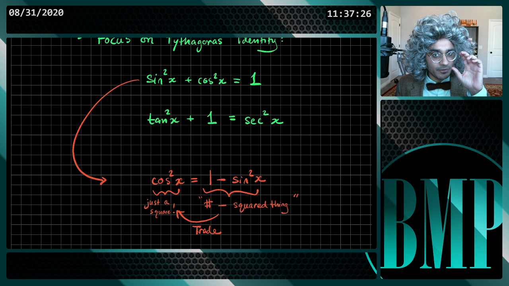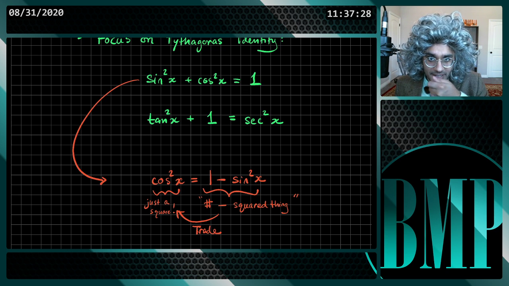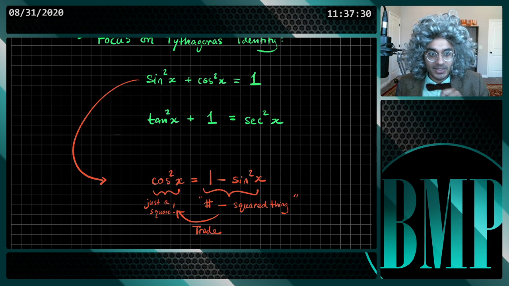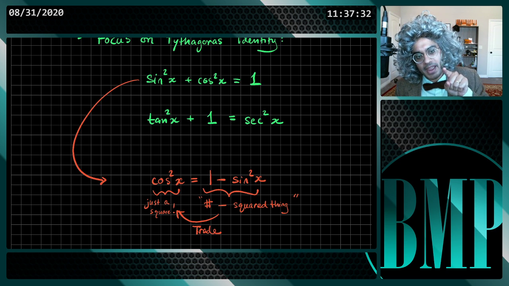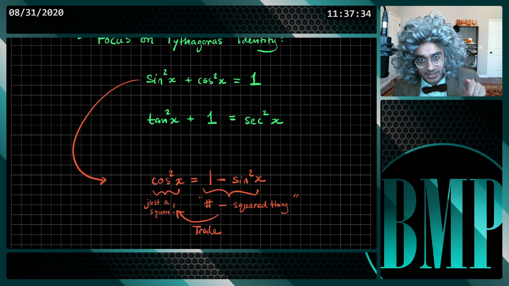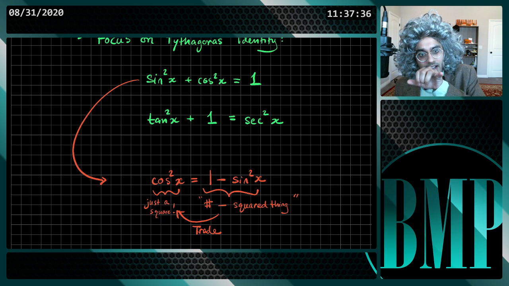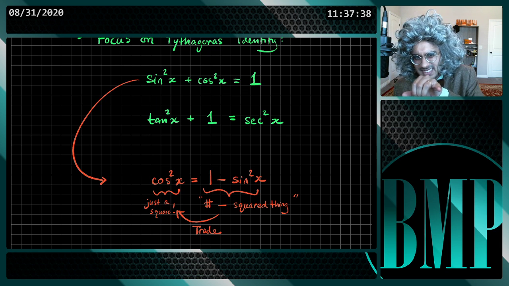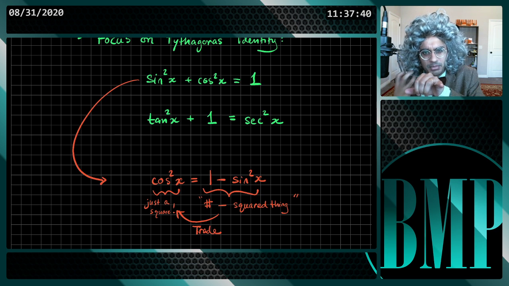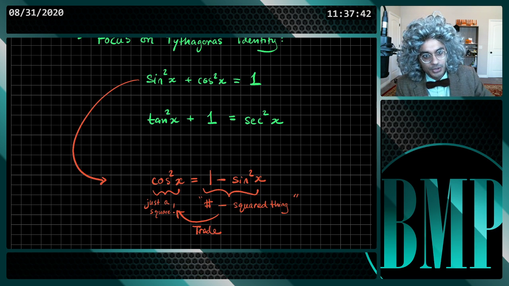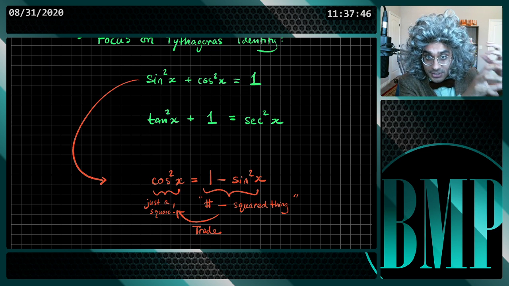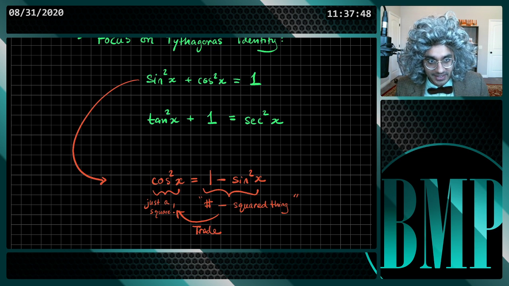Every time someone invokes trig substitution to unlock an integral, they are going to at some point make this kind of trade-off. Usually a number minus a squared thing is ugly and causing problems, so they swap it out with the squared thing, this cosine squared.